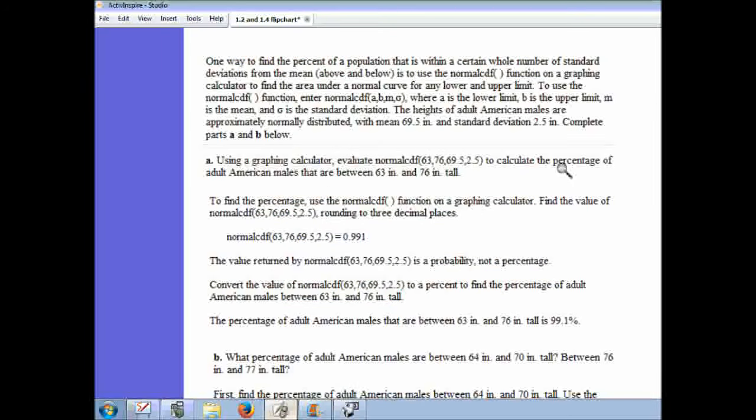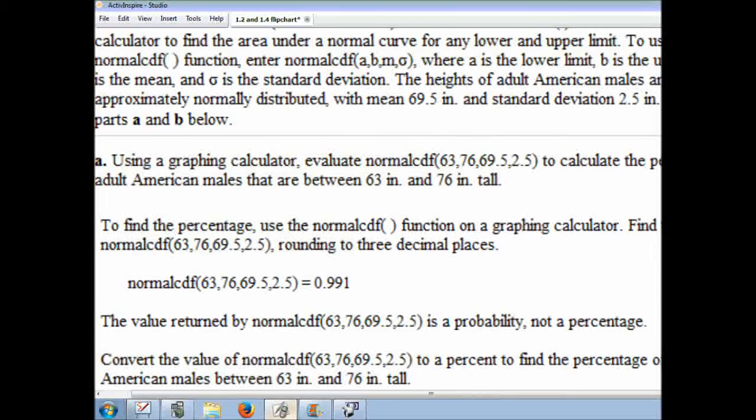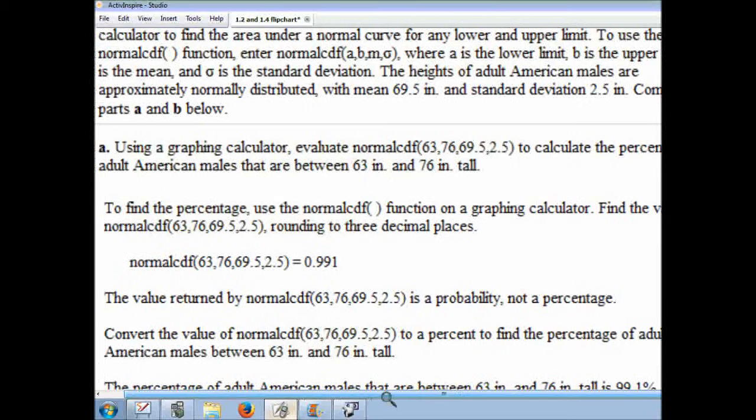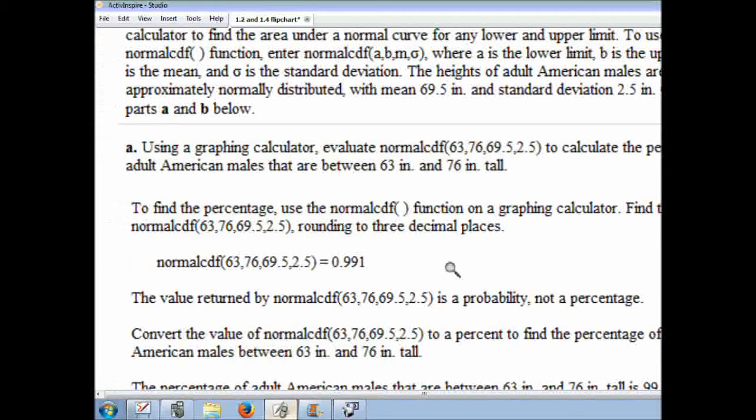So if we consider a problem here, let's see, here it is. It says here just a random question.